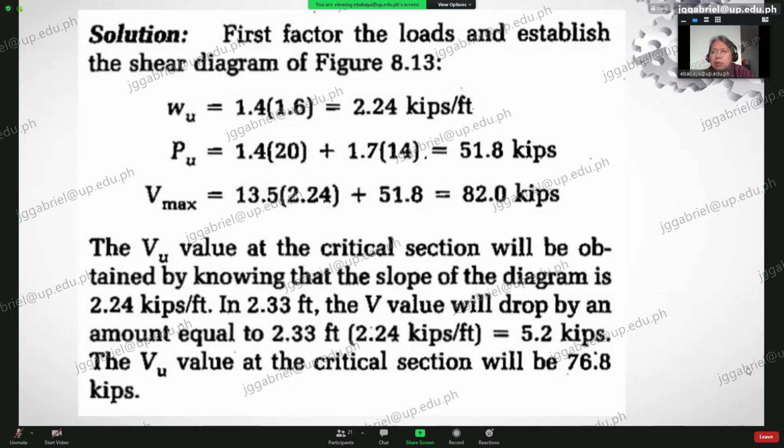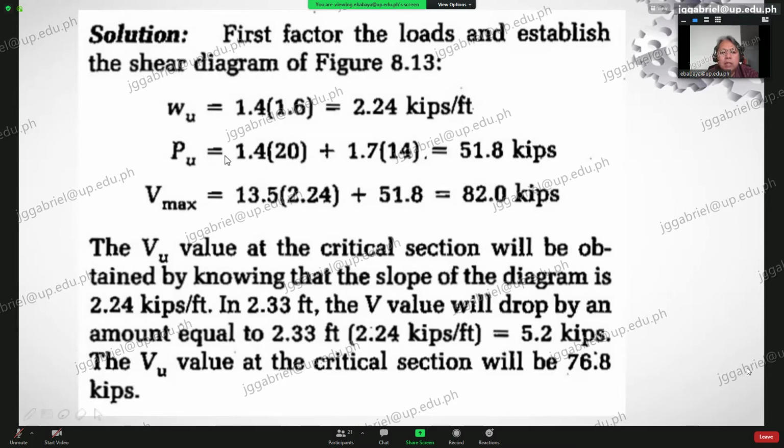Okay? Why are we just multiplying by half? Because the total vertical loads will have to be shared equally by the left and right support reactions. Okay? Kaya half lang ang minumultiply natin dito.